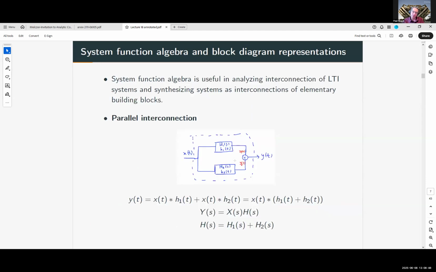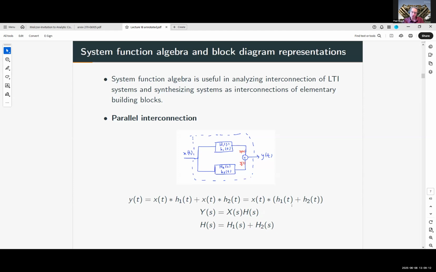Each of them has a corresponding block diagram, and there's a derivation where you can express the output in terms of the impulse responses of the component systems.